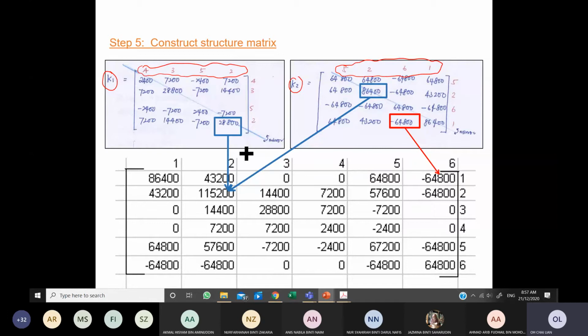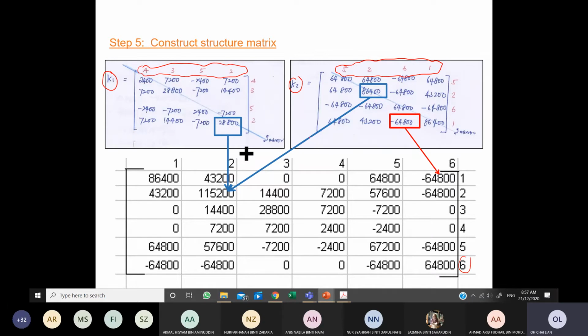My number of DOF is 6 in this case, because I have 3 nodes. So now I want to write this matrix. How to do it? You need to combine them. Just sum K1 and K2. That's all.